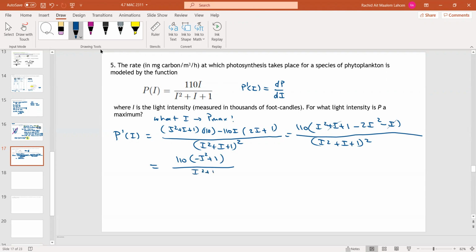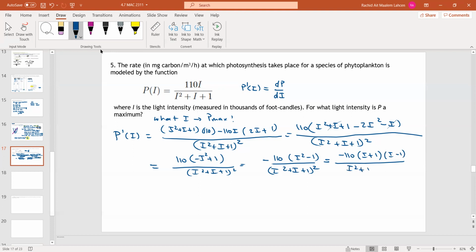And you have I squared plus I plus 1, squared. So when you take a negative out, you'll have I squared minus 1 because that's a better form, like a difference of squares, which can easily factor to I plus 1 and I minus 1.